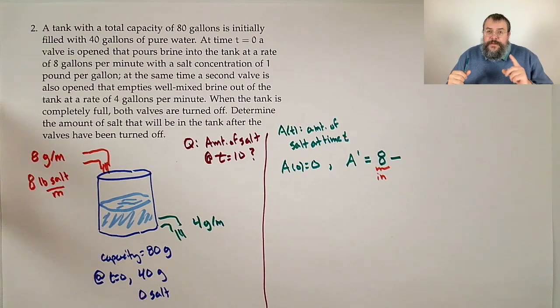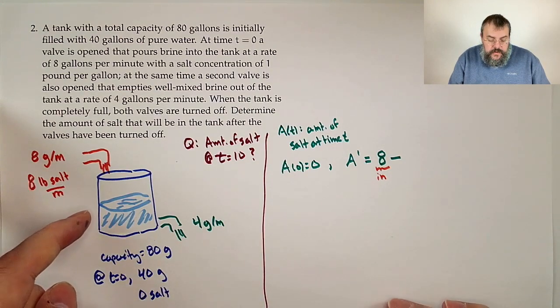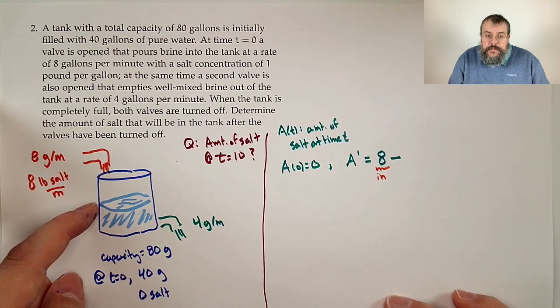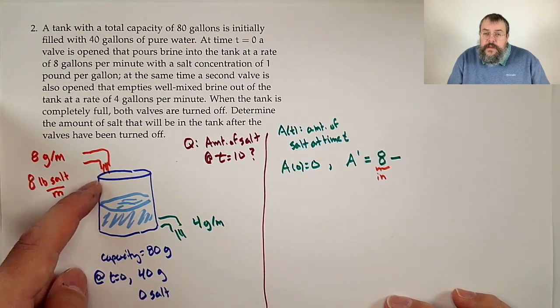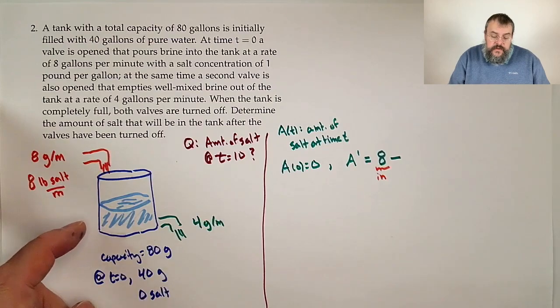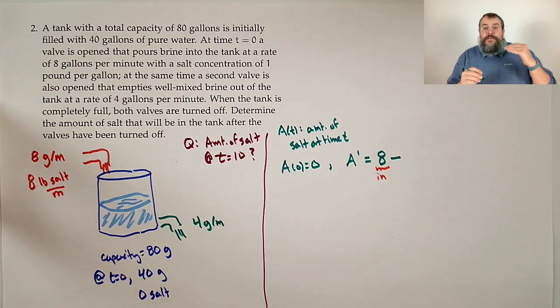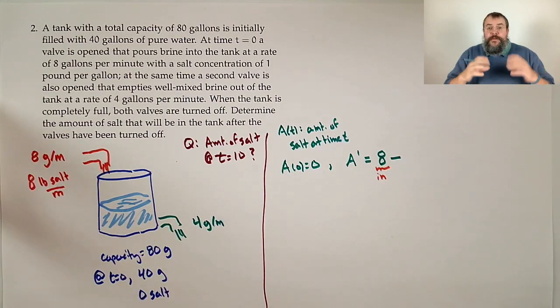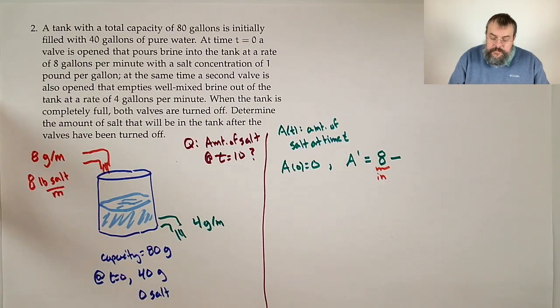Well, now we have a slightly different question: how much fluid, how much brine, is in the tank at a given time? There's 40 initially, and every minute that passes, we add 4. So there's 40 plus 4t. That's the amount of fluid in the tank at a given time.